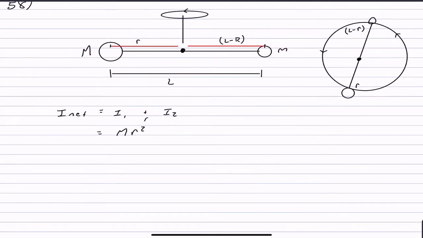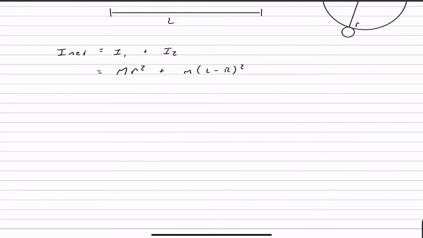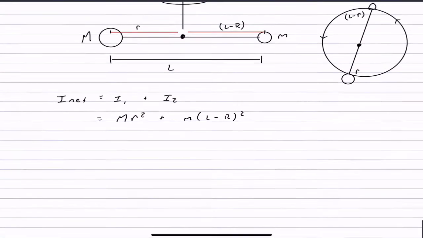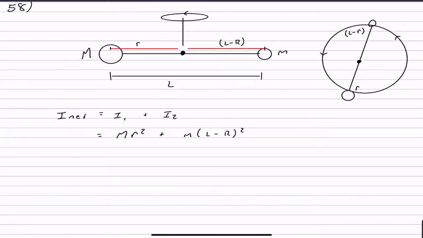So that's going to give us m (L minus r) squared. And so now to take a minimization, or I guess we could call these optimization problems, like from calculus, we take the derivative with respect to the changing variable and set it to 0, right, to solve for that changing variable. So r, in this case, is the changing variable, right?